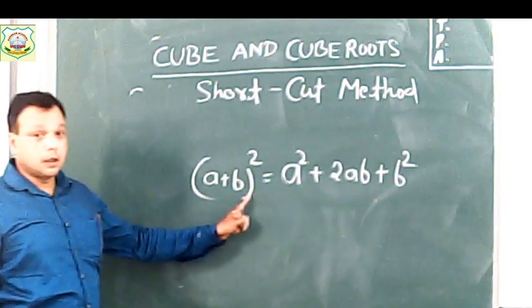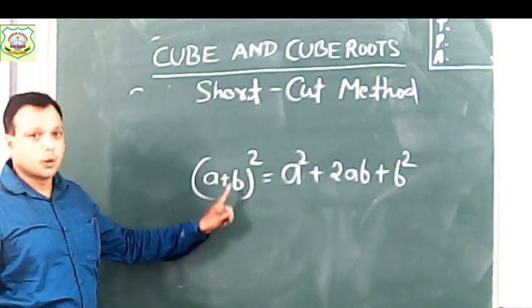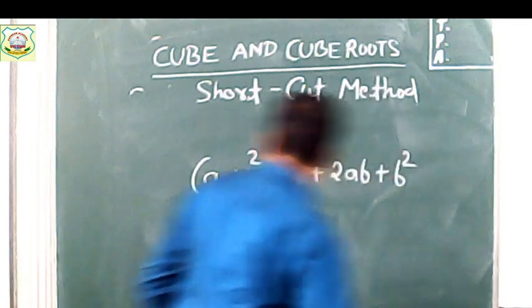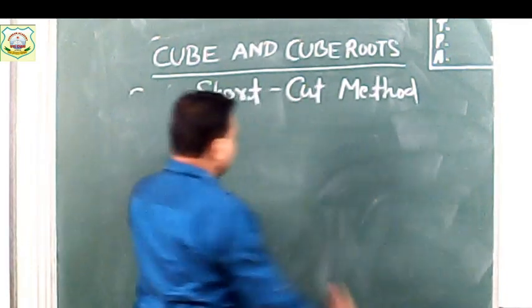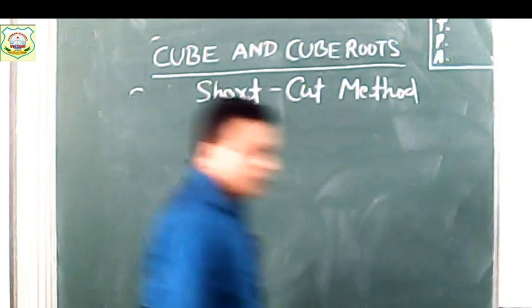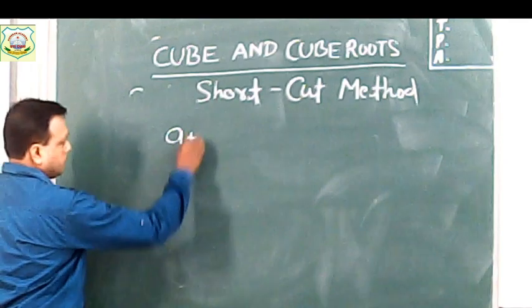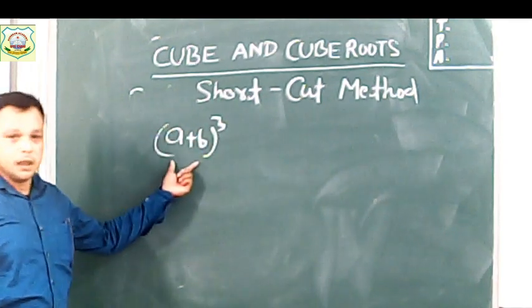This is for finding the square of any given number. This is the column method. But in cube, if you want to find the cube by the shortcut method, here we will use a plus b whole cube. This formula we will use. This is the identity.